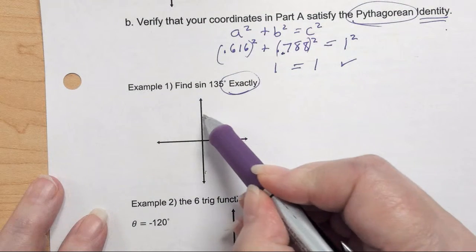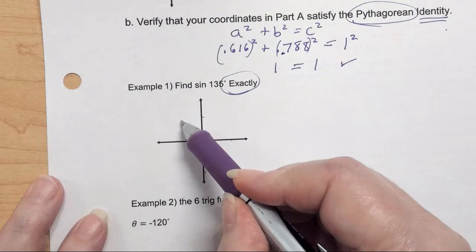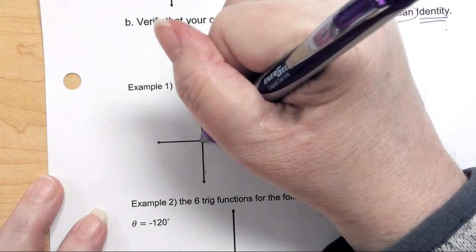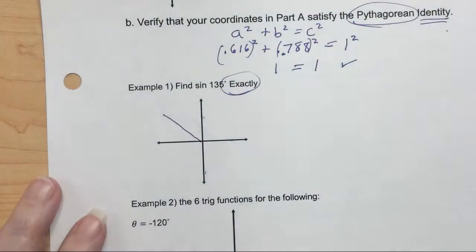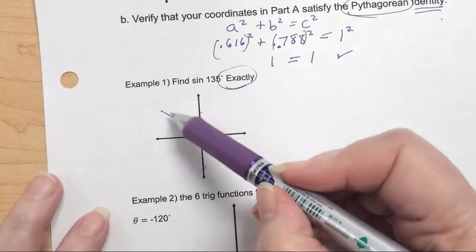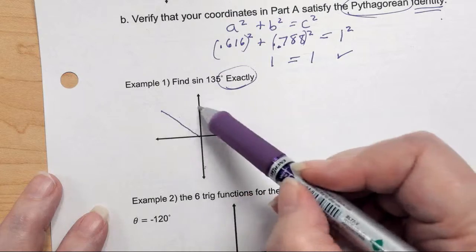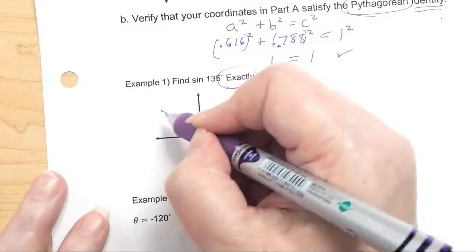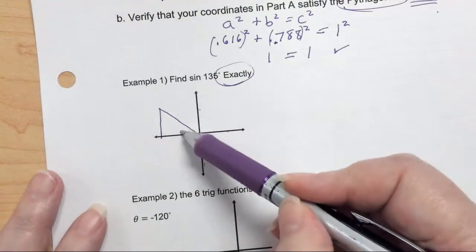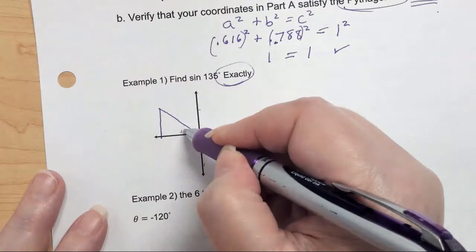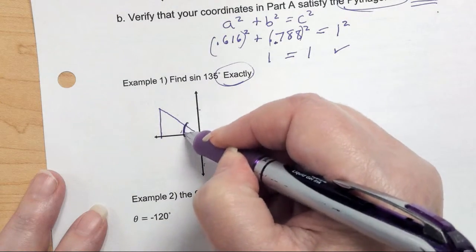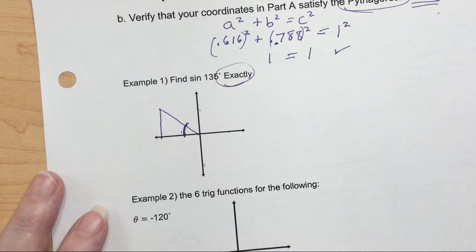This is 90. 135 is going to be in this quadrant. Where do I drop my other leg? Do I put it to the x-axis or to the y-axis? X. Very good. How do I find this angle? This is called a reference angle. How do I find that reference angle?